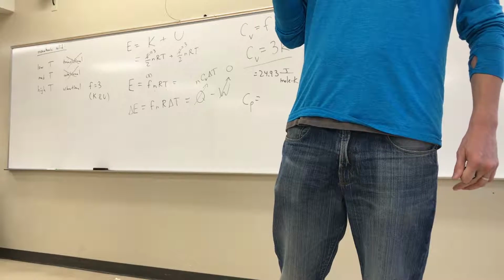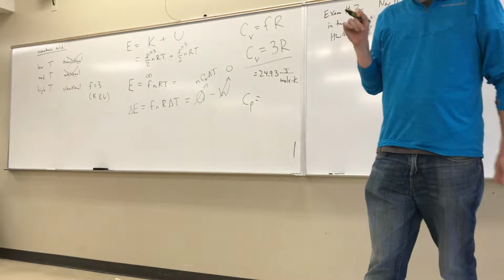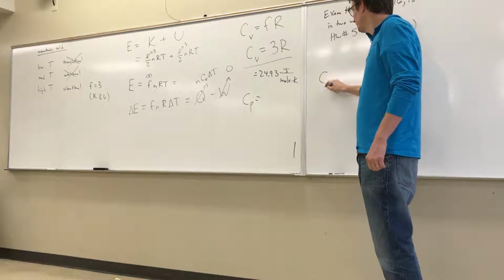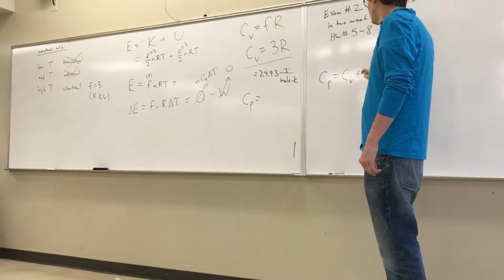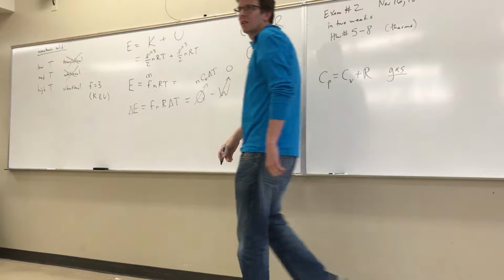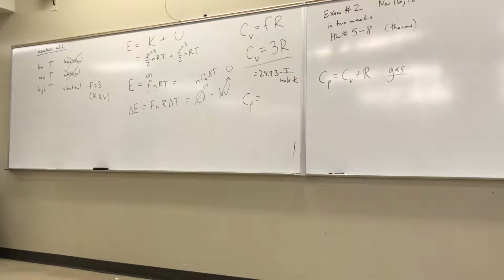We usually have been using that formula. Why can't we use that? It's a solid, not a gas, right? Remember, the whole reason why Cp is Cv plus R is when you have a gas. The whole idea was that if you're adding heat in an isochoric versus an isobaric process, you get very different delta T's.